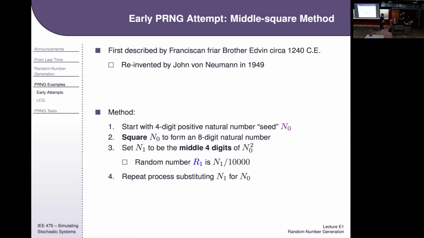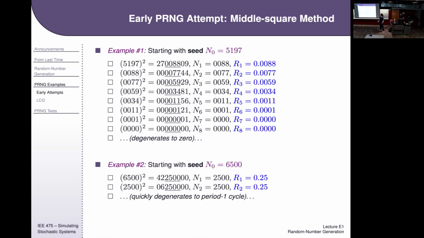And then that random number, so between 0 and 1, would just take those 4 digits and divide them by 10,000. And that would guarantee to get you a decimal between 0 and 1. And then you could repeat this process, just substituting your new number for your old number over and over and over again. Seems simple enough, seems like it might work, but it has problems.